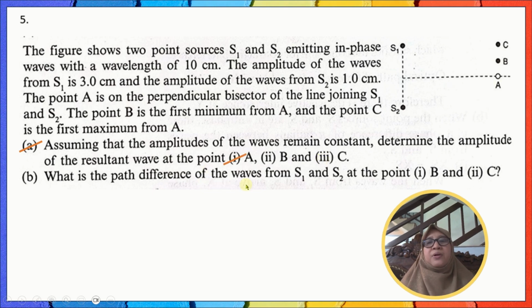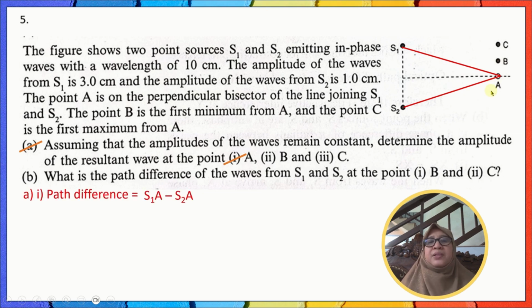For point A, it is on the perpendicular bisector of the line joining S1 and S2, so it has the same path from both sources.